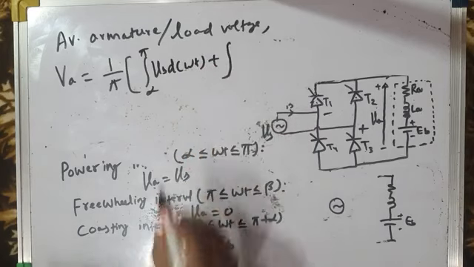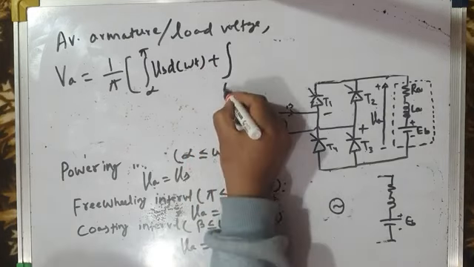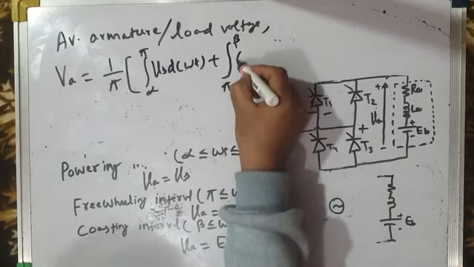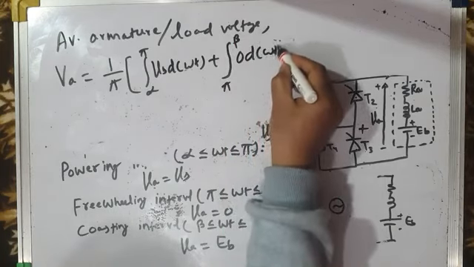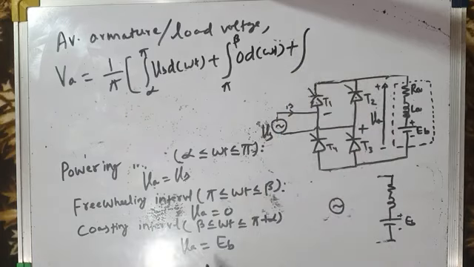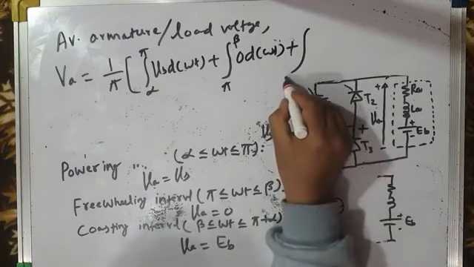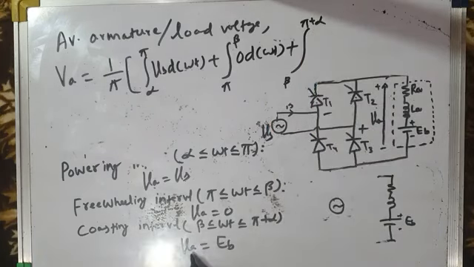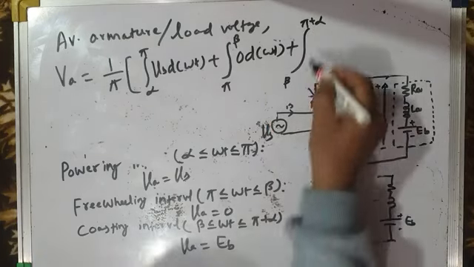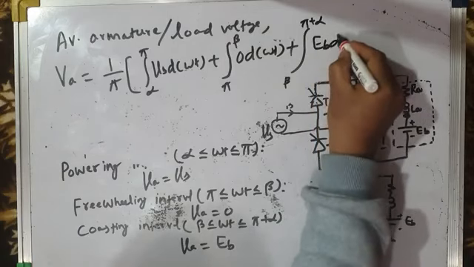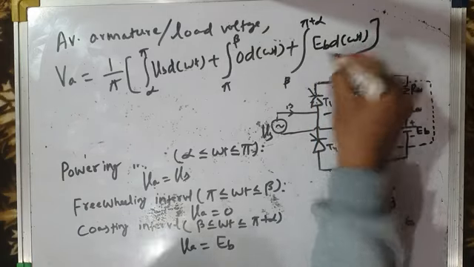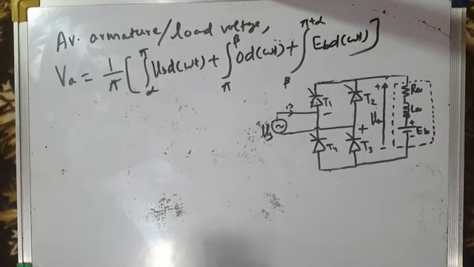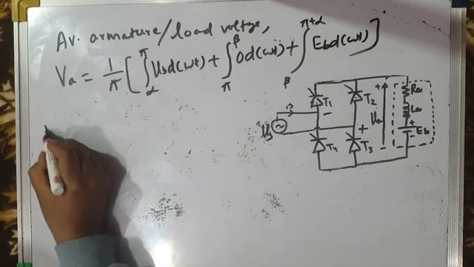Plus the freewheeling interval from pi to beta, where VA is 0, so 0 into d omega t. Plus the coasting interval from beta to pi plus alpha, where armature voltage is equal to back EMF, so EB d omega t. So this is the mathematical expression.